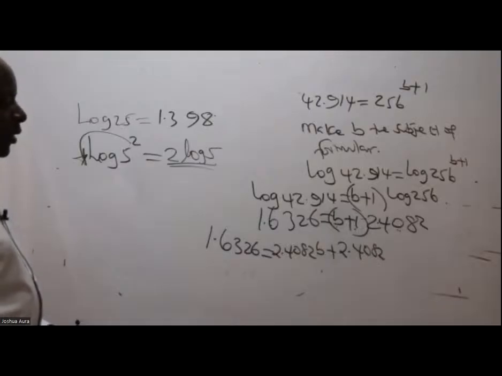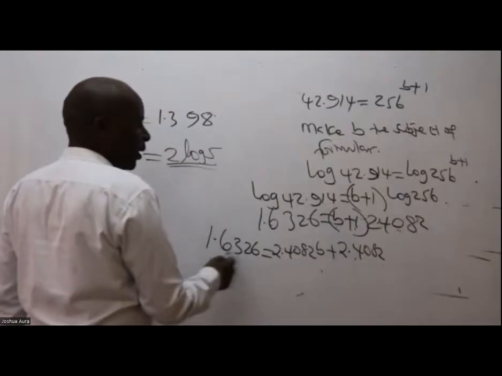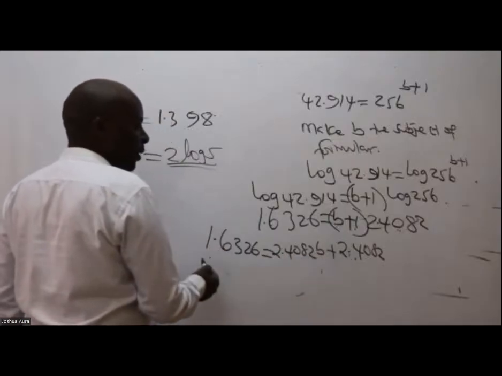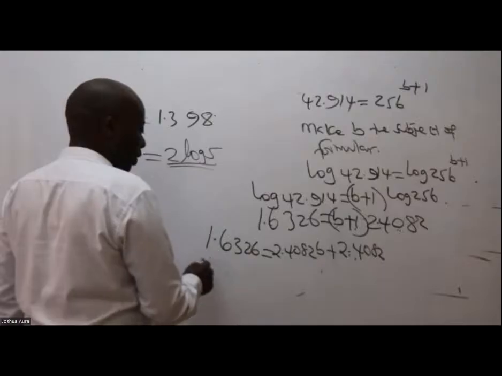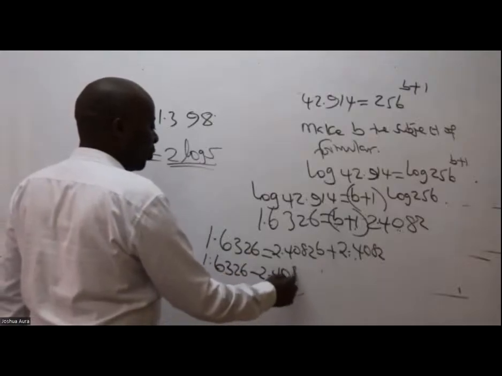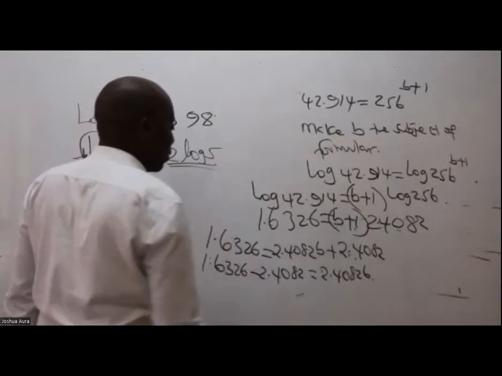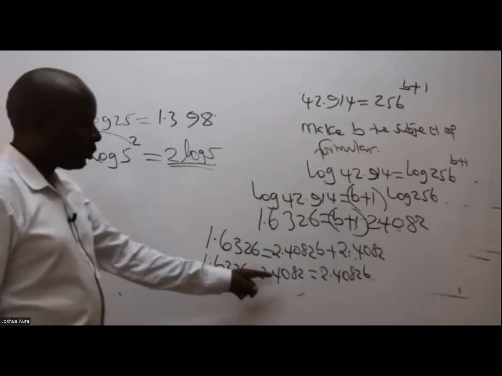All right. Then we put like terms together and take this to the other side. Here, it'll have to become a negative. So it will be 1.6326 minus 2.4082 equals 2.4082b. Is there somebody who can give me this figure when you subtract?